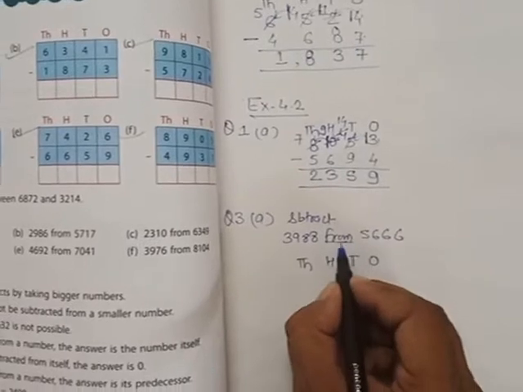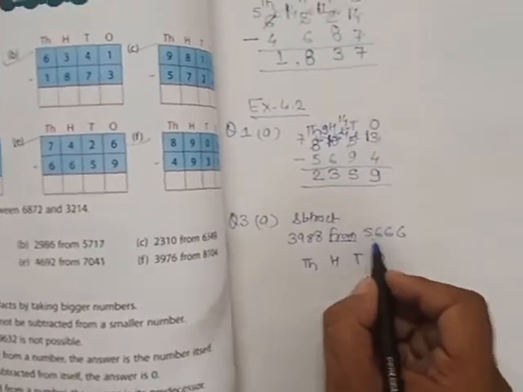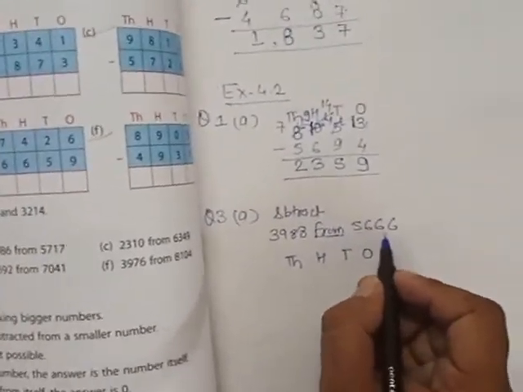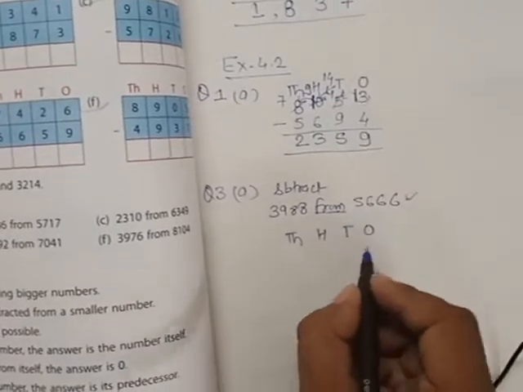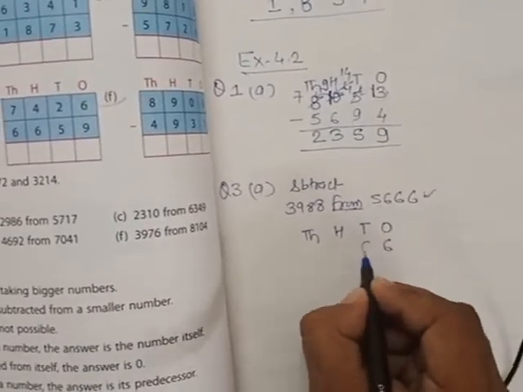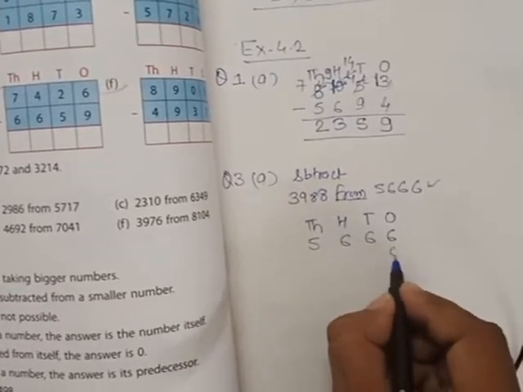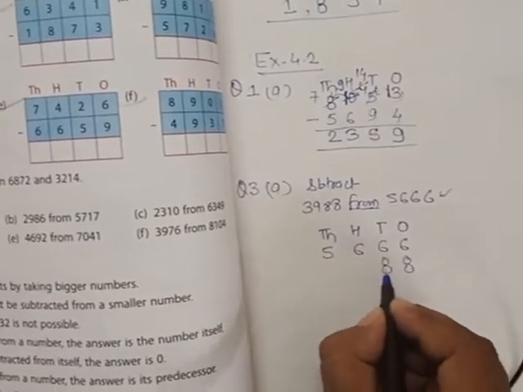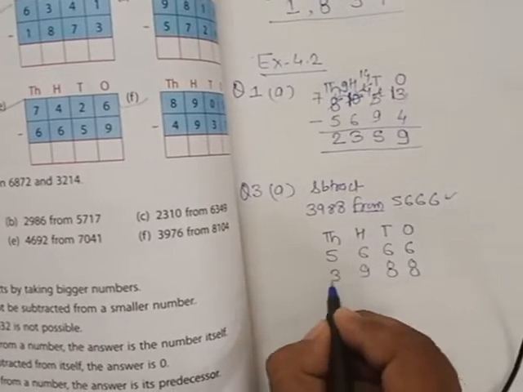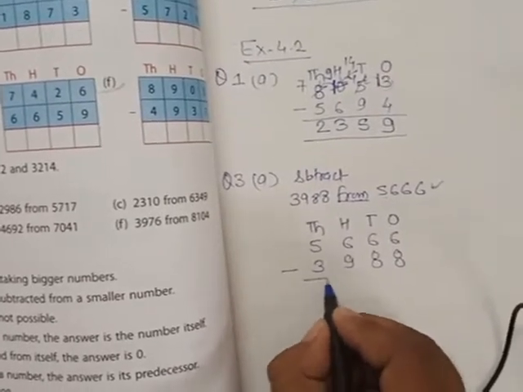Now from which number do we subtract? From this number we need to subtract, so this number will go on the upside. So here we write 5 6 6 6, and this number will come on the downside, so it's 3 9 8 8, and here is our subtraction sign.